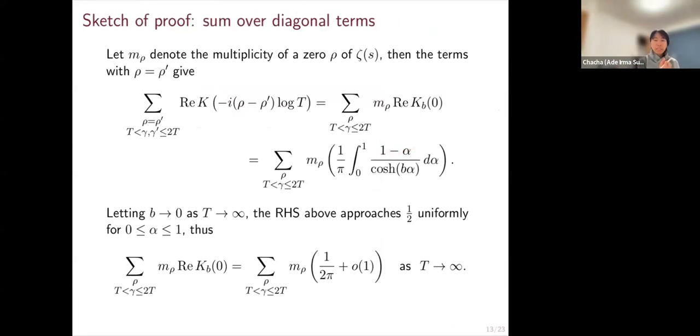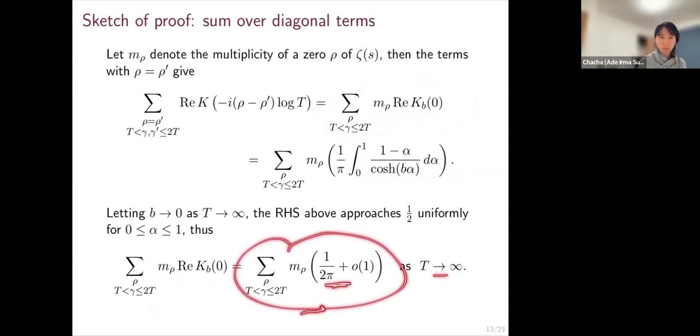Now, because I'm letting b go to 0 as t goes to infinity, this integral goes to 1 over 2 pi asymptotically. Therefore my summation with my kernel and the multiplicity of zeros, this is not the double sum, only the sum over zeros between t and 2t, not pairs of zeros, goes to the summation of this with 1 over 2 pi here.